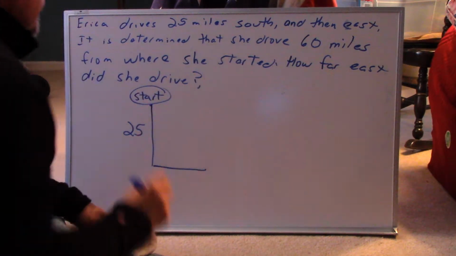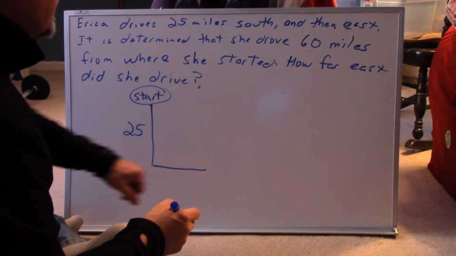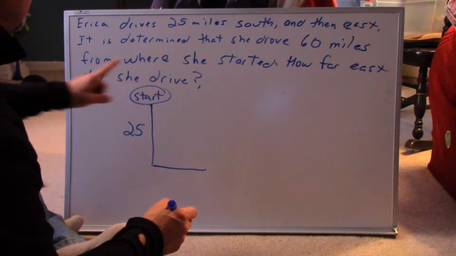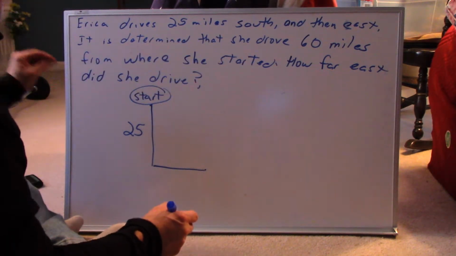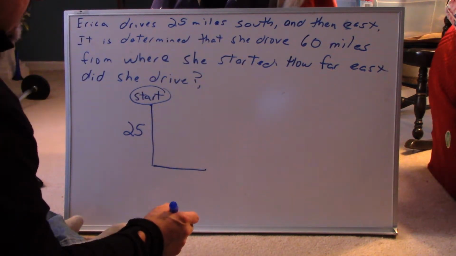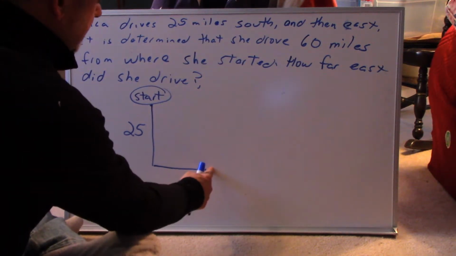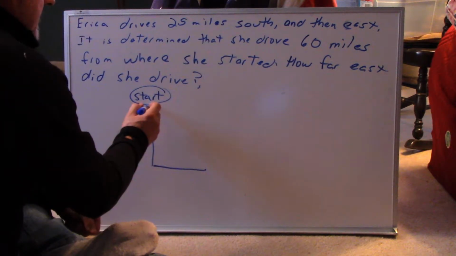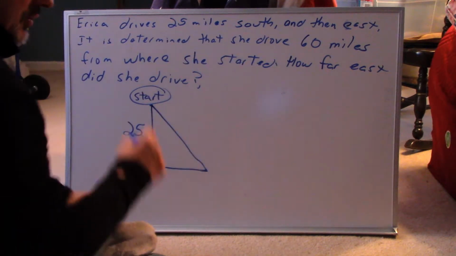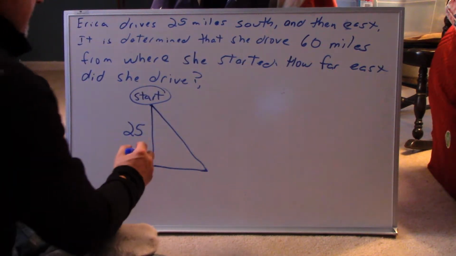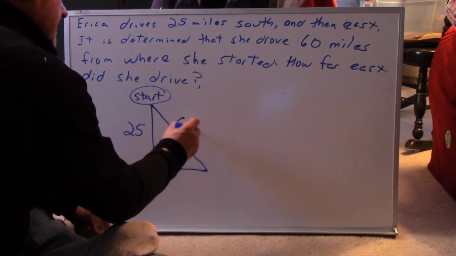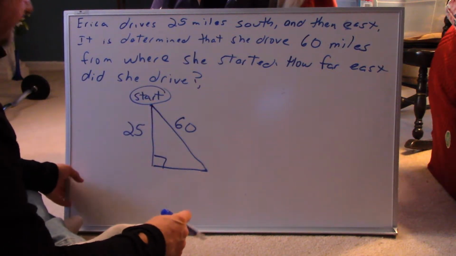It says that it's determined she drove 60 miles from where she started. So this is where she wound up east, and this is where she started. So I'm going to draw this. Look familiar? Looks like a right triangle. So this is 60, and that happens to be the hypotenuse.